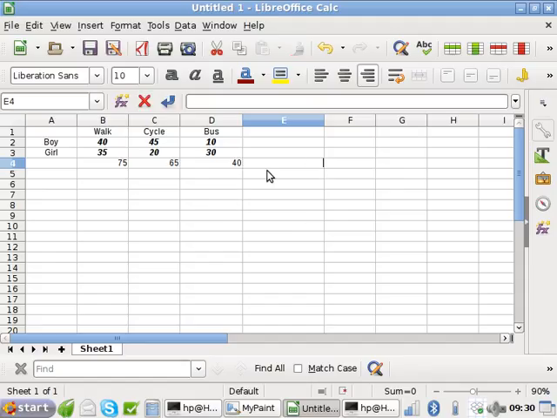Oh, goodness. This plus this plus this, 180. Right. How many boys are there? 40 plus 45 plus 10, so there's 95 boys, and girls 35 plus 20 plus 30, so 85 girls. So in this school there are 180 students.